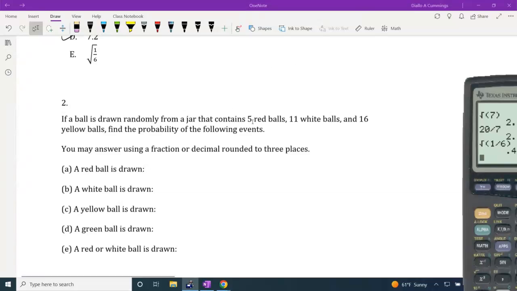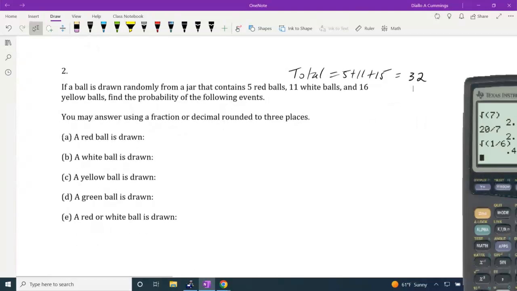So first, let's find the total amount of balls in the jar. We're going to add 5 plus 11 plus 16, and that's going to give us 32. That's going to be the denominator for each one of these particular probabilities.